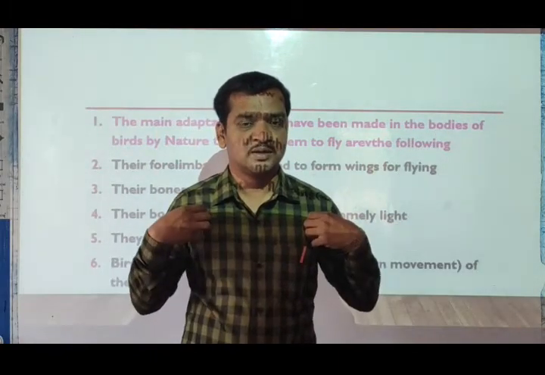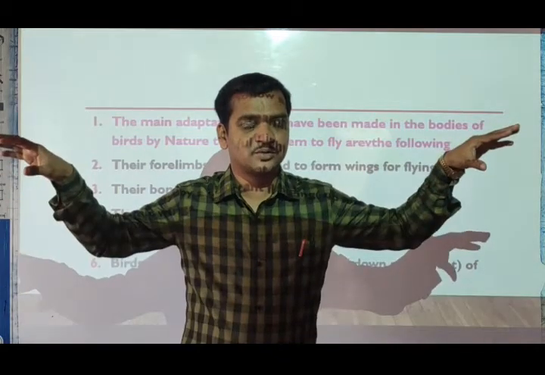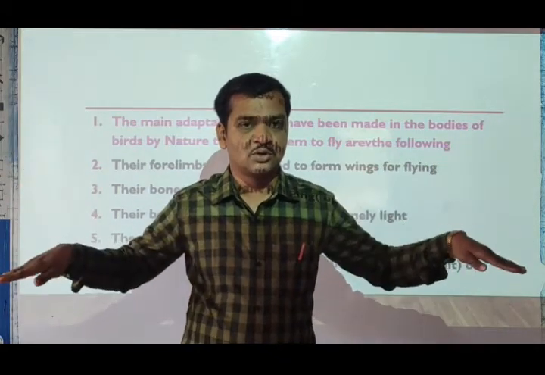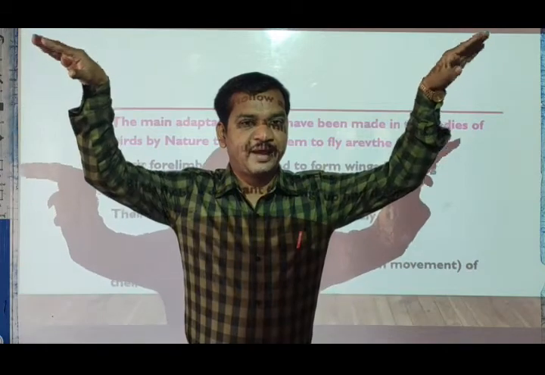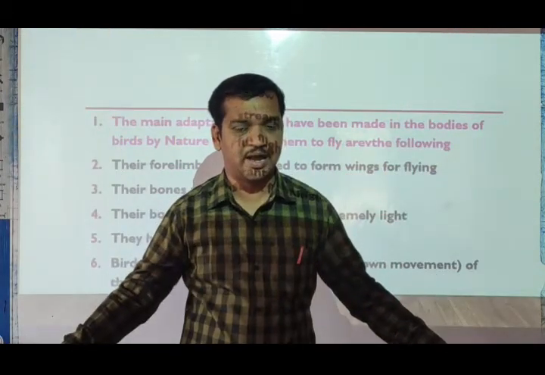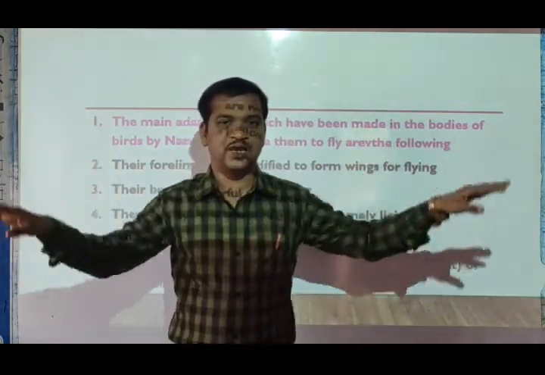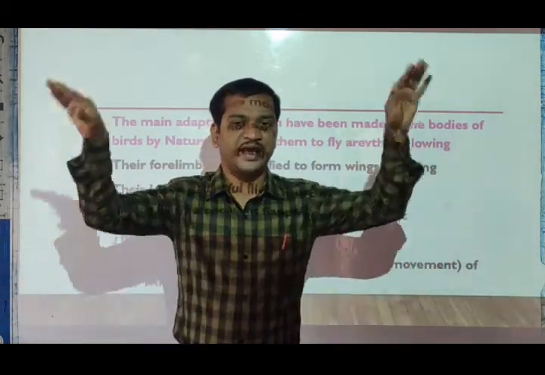Suppose now imagine these two hands, you can imagine as wings. So when I lift my hand, that is called the upward stroke, and when I push my hands downward, that is called the downstroke. So the upstrokes and downstrokes allow the bird to fly in air.